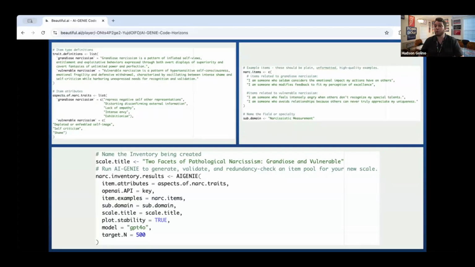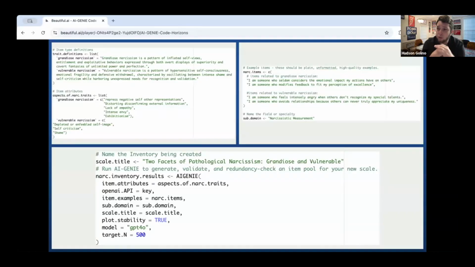And then what you're going to do is you're going to feed our AI-GENIE package the trait definitions. So for example, if we want to develop a new scale to measure pathological narcissism, we have two traits that we're going to evaluate according to the theory: grandiose narcissism, and then we have the trait definitions there, vulnerable narcissism, and then we have the definition of the construct there.